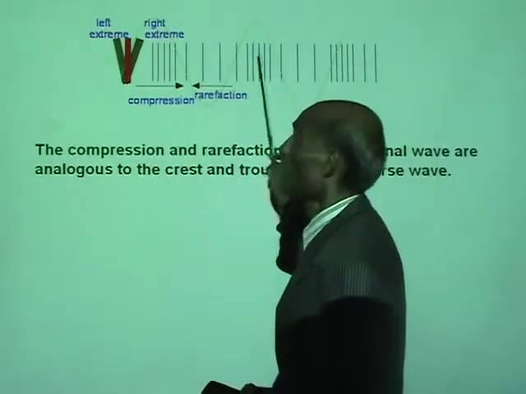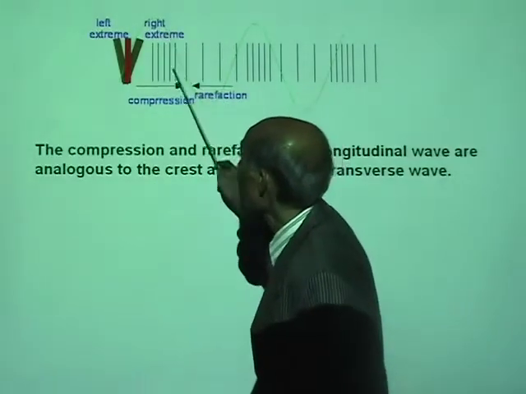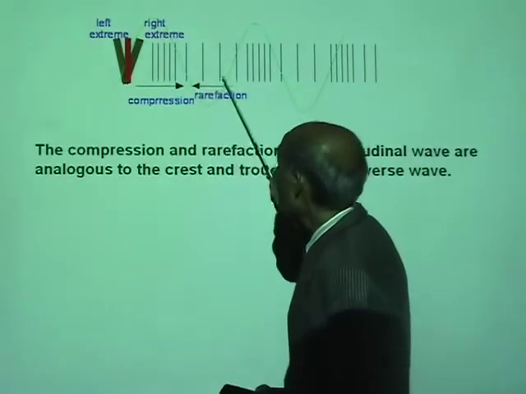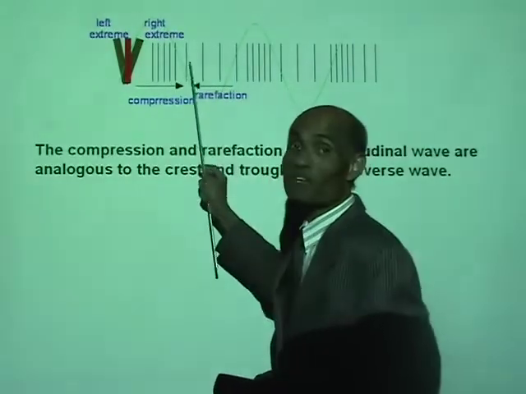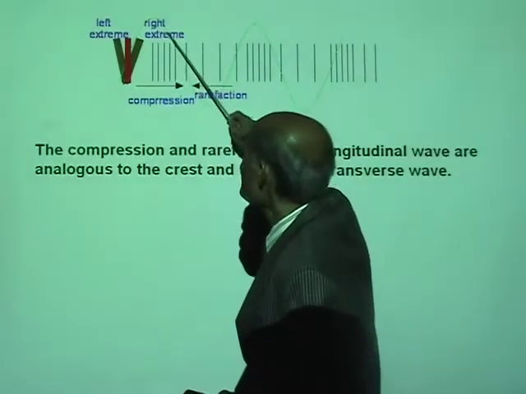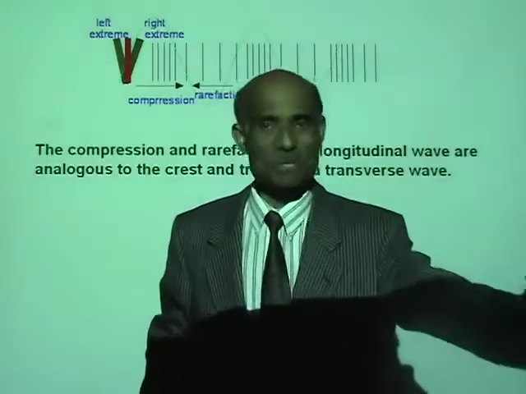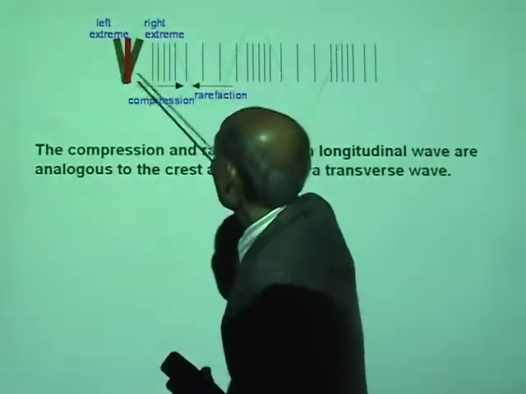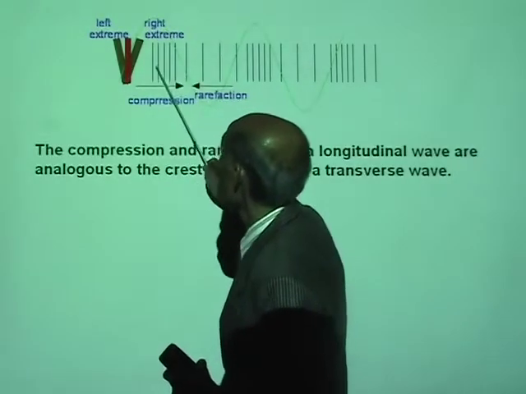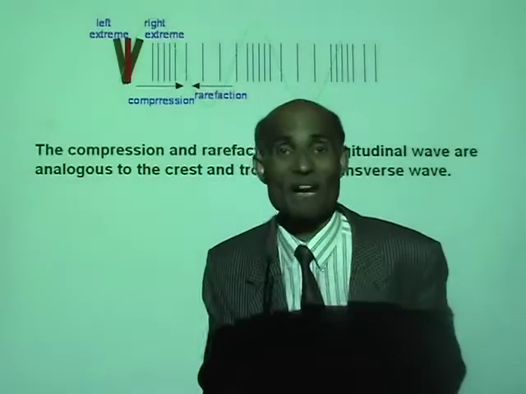Look at this. When I draw a transverse wave like this to represent a longitudinal wave, a crest will represent a compression and a trough will represent a rarefaction. I hope that is clear.